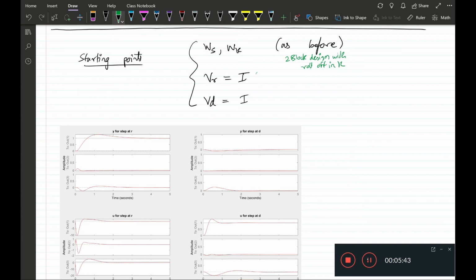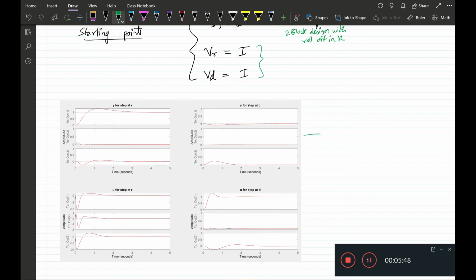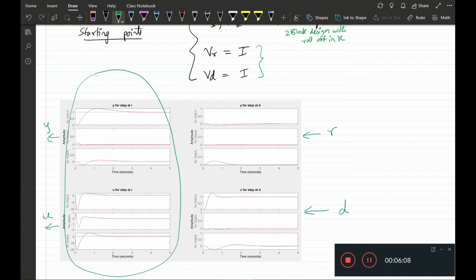and then set VR and VD as identity, and that gives us the response for a step reference R and D, and the output is Y and U. Notice that this part is the R to Y and the R to U transfer functions, and this part is the D to Y and the D to U transfer functions.